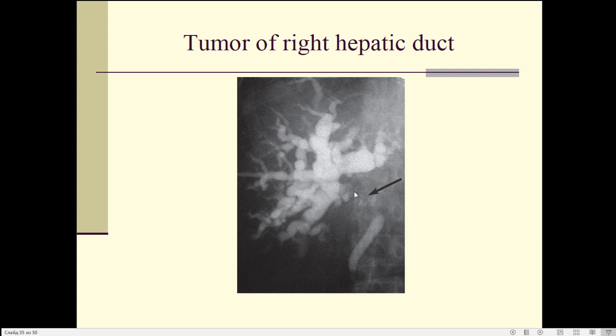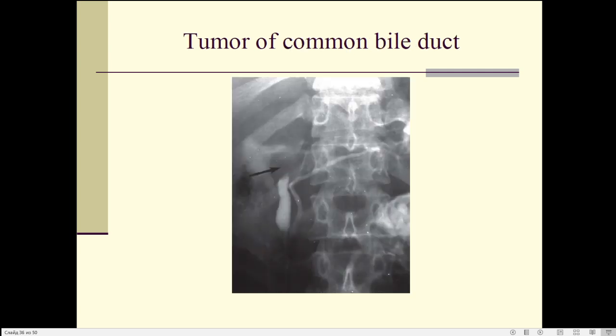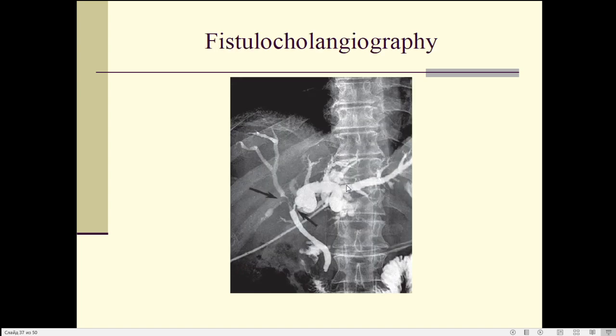Here, tumor of right hepatic duct, tumor of common bile duct. We see here the level of obstruction.